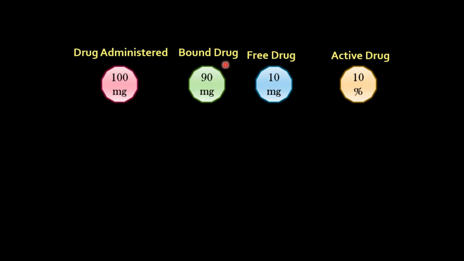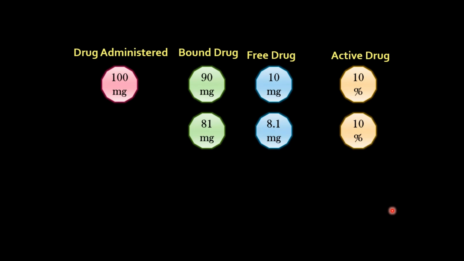This bound drug again releases 10% of the drug into the systemic circulation as the free fraction. Suppose when the 10% of the drug is metabolized out, excreted out through the kidneys, the remaining bound drug is 81 milligrams and the free drug is 8.1 milligrams. If we again describe this in fractions, the active drug in the systemic circulation is again 10%.